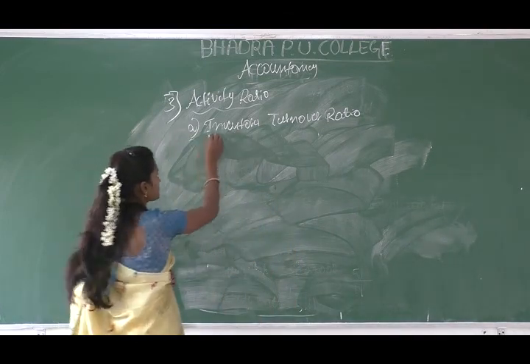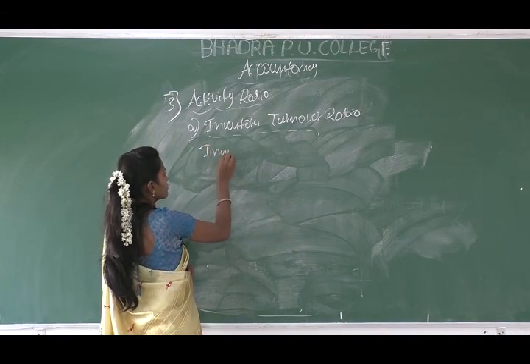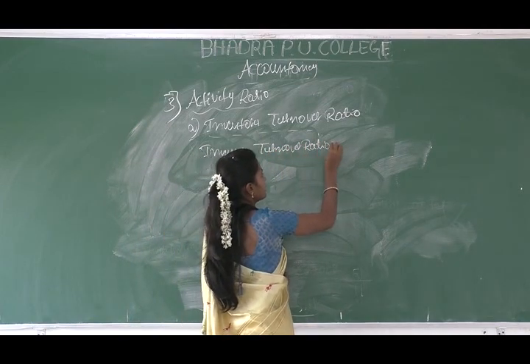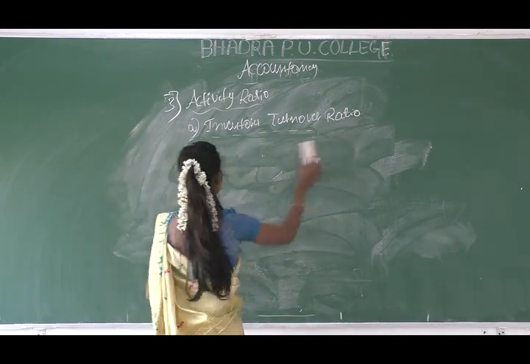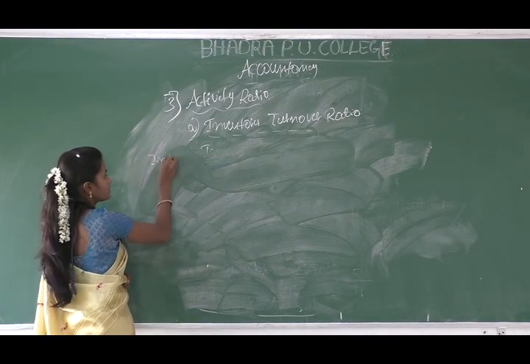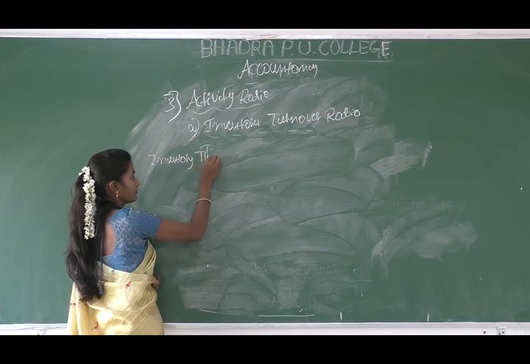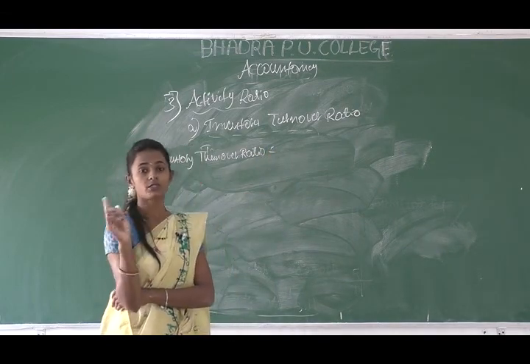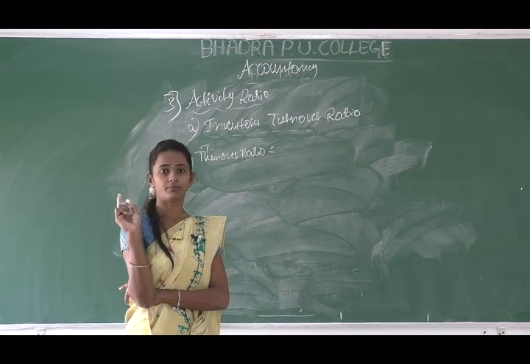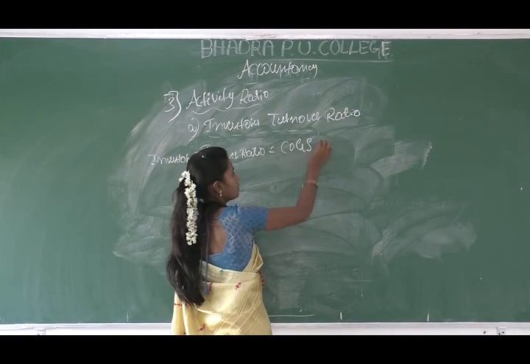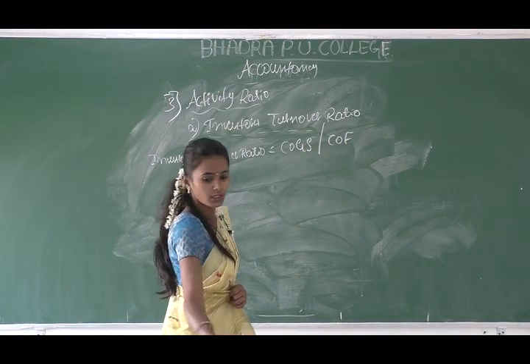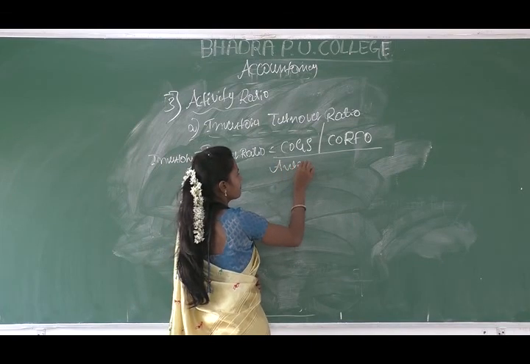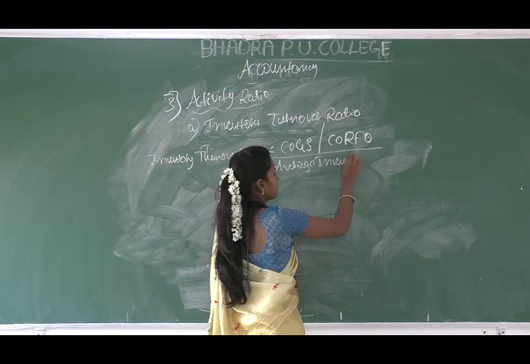So inventory turnover ratio is equal to cost of goods sold or cost of revenue from operation, divided by average inventory.